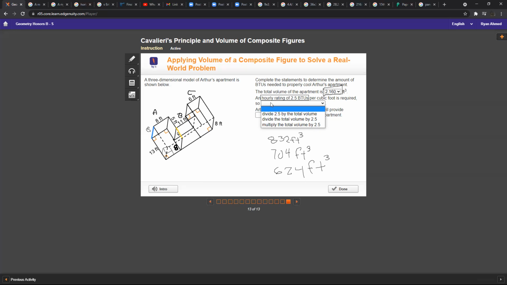Because this hourly rating only applies to 1 cubic feet, and we're dealing with a problem that has not just 1, but 2,160 cubic feet. So that's actually why we want to multiply, if that makes sense. Stop me if you have questions about anything at all.